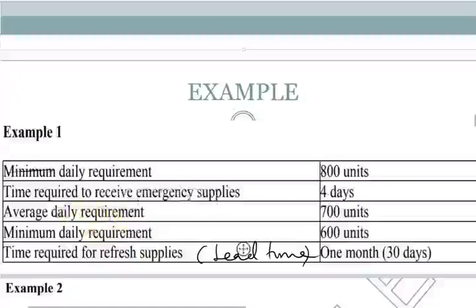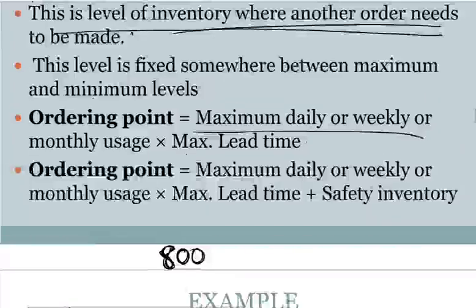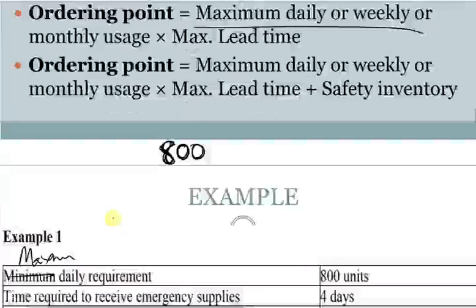Here it's supposed to be maximum because there's minimum already here. This is maximum. So the formula is saying maximum daily usage, which is 800, to find the reorder point. Maximum daily usage, which is 800, times the maximum lead time.